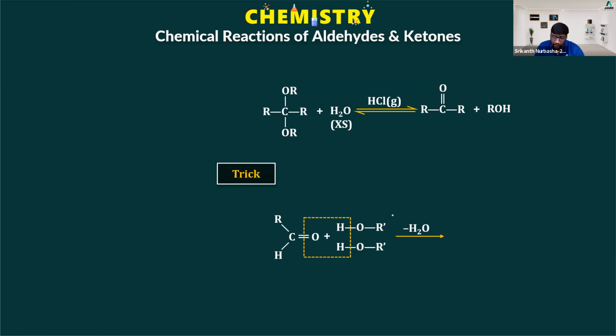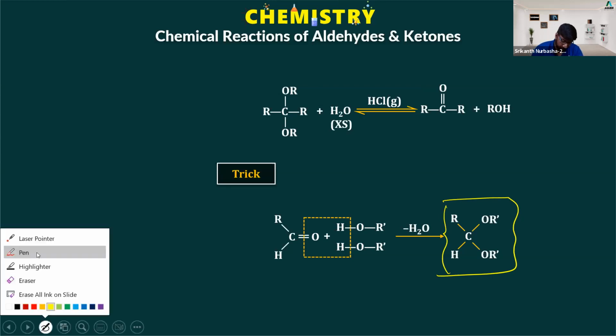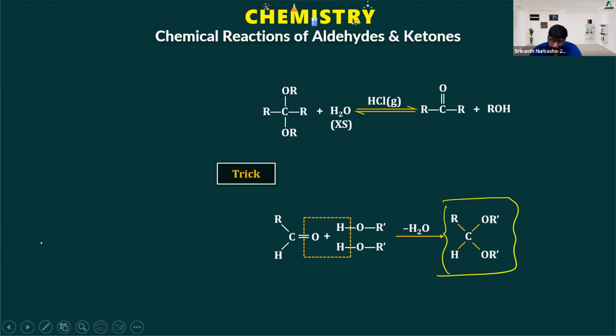That is what the acetal or ketal formation looks like: RCH(OR')2. If I replace the hydrogen with an alkyl group, it will be a ketal. If I simply keep it as hydrogen, it will be an acetal. RCHO plus R'OH, removing the water, forms RCH(OR')2.